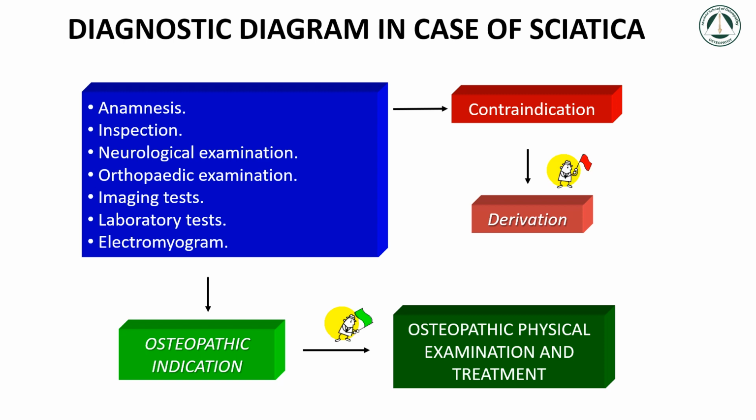The first step of the osteopathic diagnosis consists in determining if there exists a differential diagnosis. Based on anamnesis, inspection, neurological and orthopedic examinations, imaging examinations, X-rays, CT scan or MRI, and blood tests, the osteopath needs to determine whether the osteopathic manipulative treatment can be indicated for the patient's condition or if there is a contraindication that prohibits or modulates the manipulative treatment.